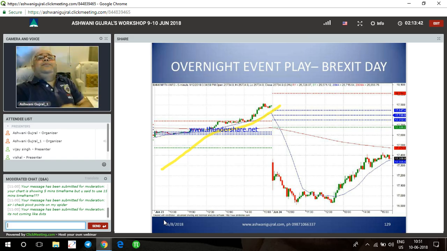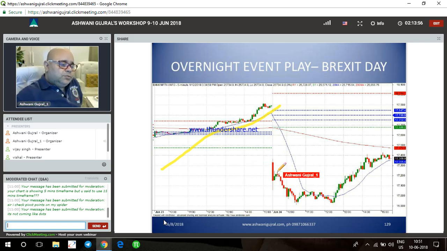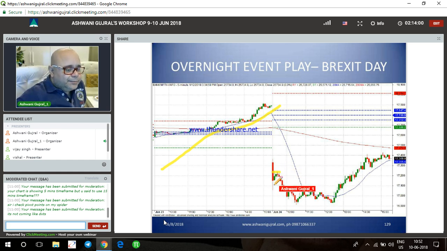But what happens when everybody thinks that something is going to happen, it does not happen, and the market starts to collapse. Okay, so this is again 50% weak rally.